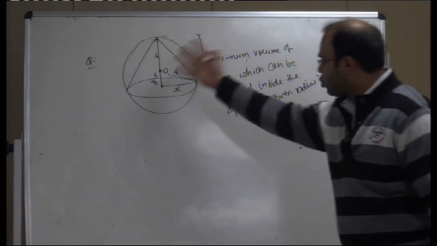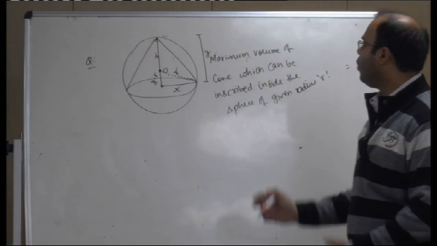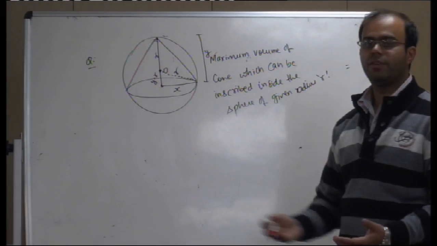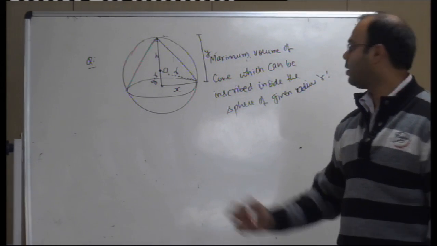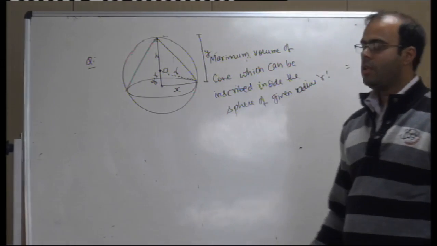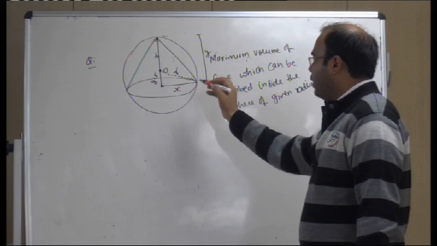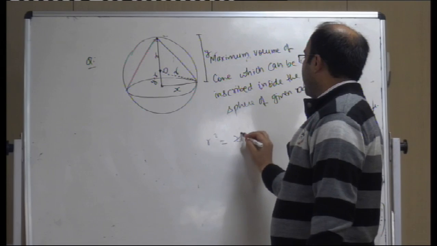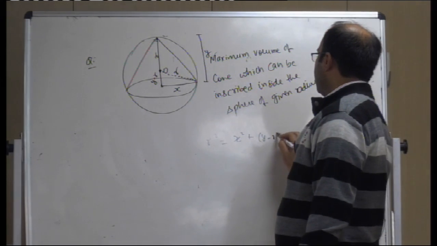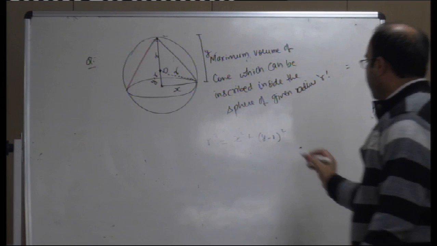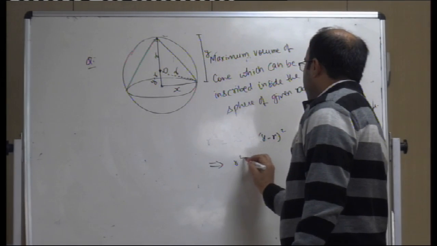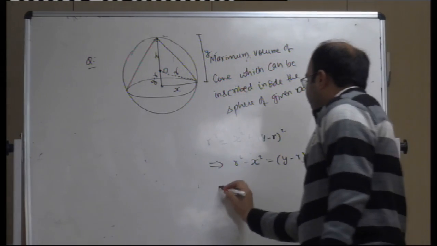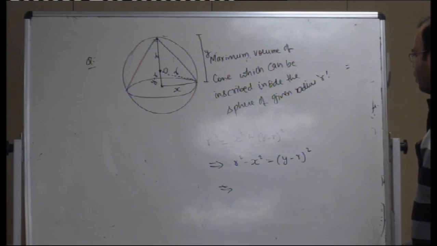Now using this geometry, you can find a relation between the two unknown variables x and y, because when we talk about derivatives, we can differentiate with only one variable, but here there are two variables, the base of the cone as well as the height of the cone. So based on Pythagoras theorem, we can say this hypotenuse, that is r square, is equal to base square x square plus height square, y minus r whole square. Now we can write it like this, r square minus x square equals y minus r whole square, and then you can express either x in terms of y or y in terms of x, any way you like.